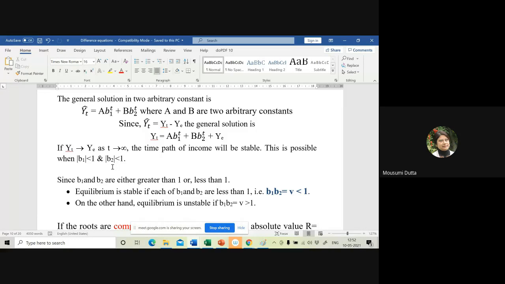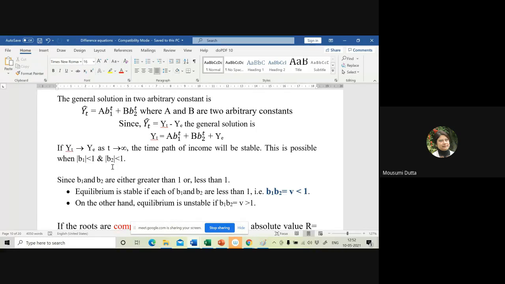If both are less than 1, we define the path as stable. If both are greater than 1, we consider the path as unstable. That's all. Then we will check whether the roots are real or complex conjugates.